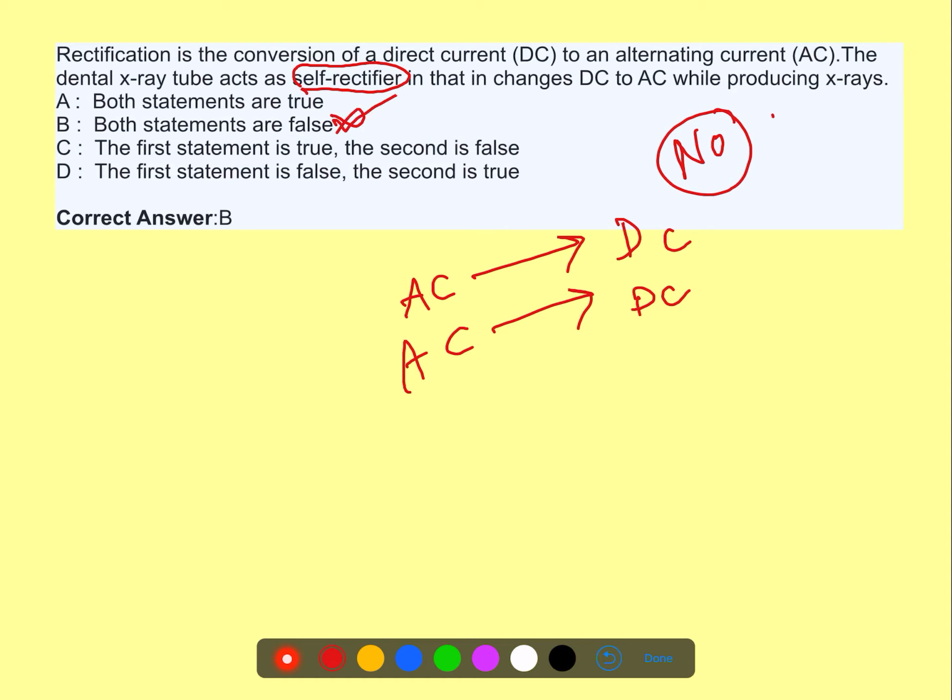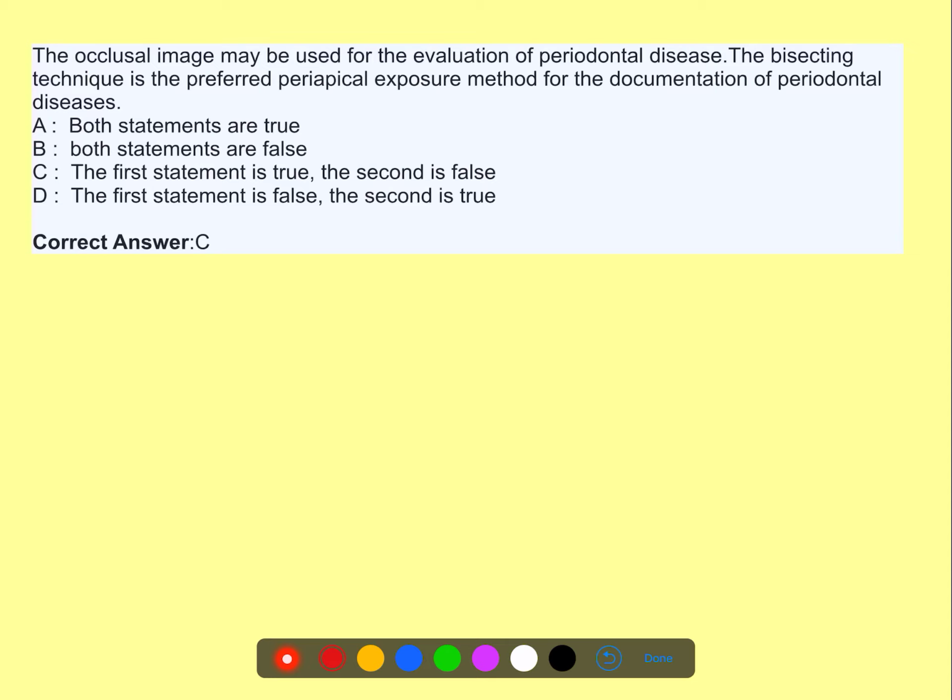The occlusal image may be used for evaluation of periodontal disease. The bisecting technique is the preferred periapical exposure method for the documentation of periodontal diseases. Yes, if you go into the first statement, occlusal images may be used, because you can see the buccolingual, and sometimes in the topographic views you can see the tooth structure along with the alveolar bone. But if you go into the second statement, the bisecting technique is preferred.